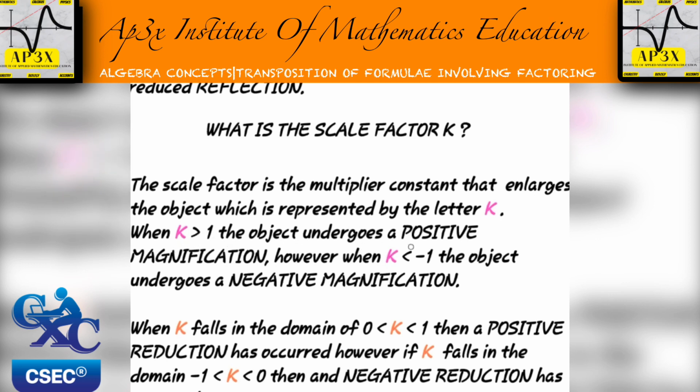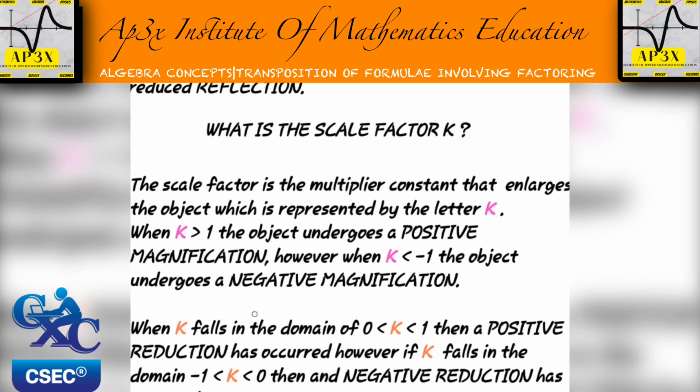Now, when K is negative, let's say less than -1, then you have numbers like -2, -3, -4. It's still a whole number, so it magnifies the object. However, the image is going to be on the opposite side of the center of enlargement. So we say that it undergoes a negative magnification.